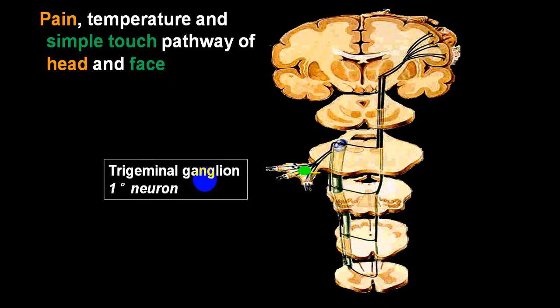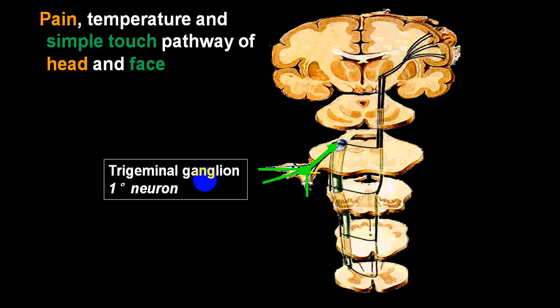Now this is fiber from the head and face, that is pain, temperature and simple touch, that is by a trigeminal nerve. So fiber coming from those three roots of trigeminal, that is ophthalmic, maxillary and mandibular.